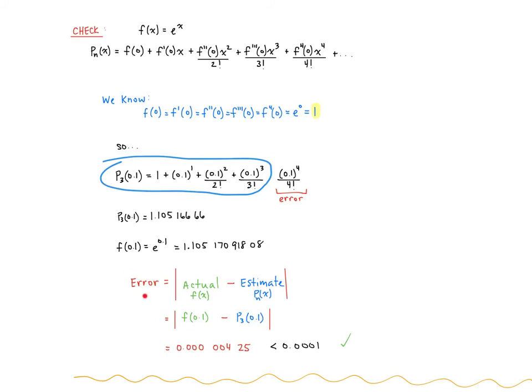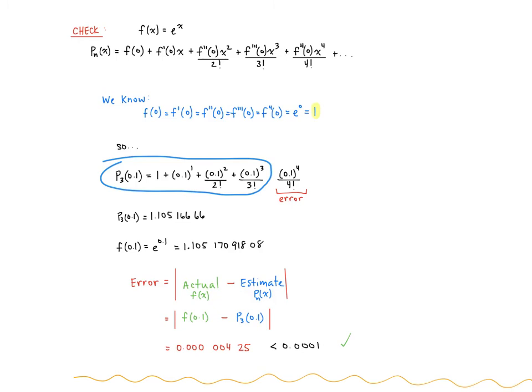So to determine the error, we take the actual, which was this one here, minus our estimate, which was this one here, and we take the absolute value of that. We're actually going to get 0.00000425, which in fact is less than the 0.0001 that we wanted. So we can say we're pretty accurate with what we found in that third example, or the fourth example, on the previous page.